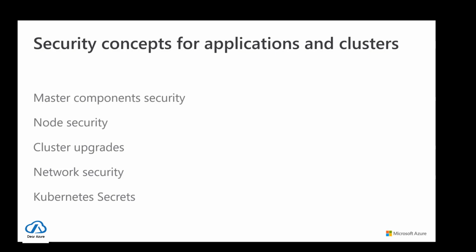Now, important to know, by default, out of the box, the Kubernetes API server uses a public IP address and a fully qualified domain name. You can control access to the API server, and you can do that using role-based access control and Azure Active Directory, but not using the native Kubernetes secrets.